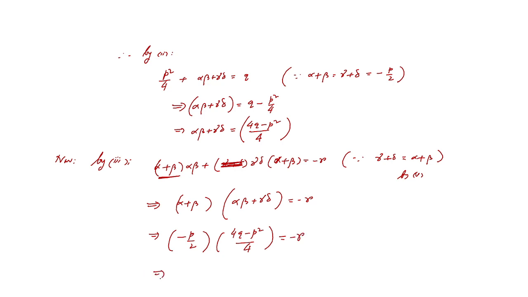From this condition we can write 4pq minus p cube equals 8r, and that implies p cube minus 4pq plus 8r equals 0, which is the required relation.